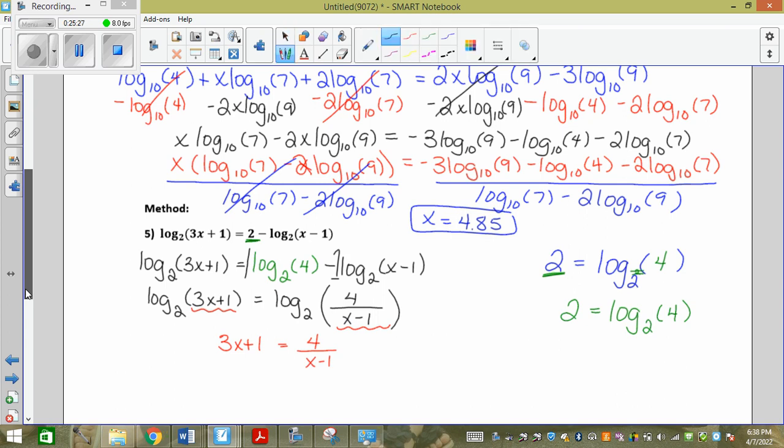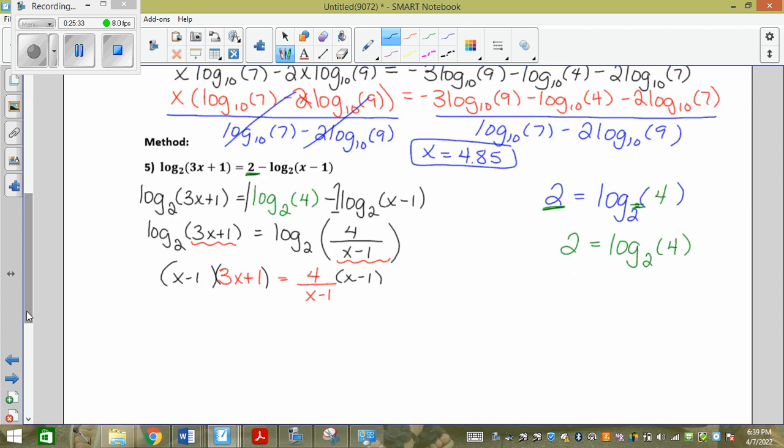And now I can multiply by my x minus 1, which is going to get me a quadratic. So I'm going to get 3x squared plus x minus 3x minus 1 equals 4. Whenever I have a quadratic, I have to move everything to one side. So I get 3x squared minus 2x, and then I subtract the 4 over, so I get minus 5 equals 0.